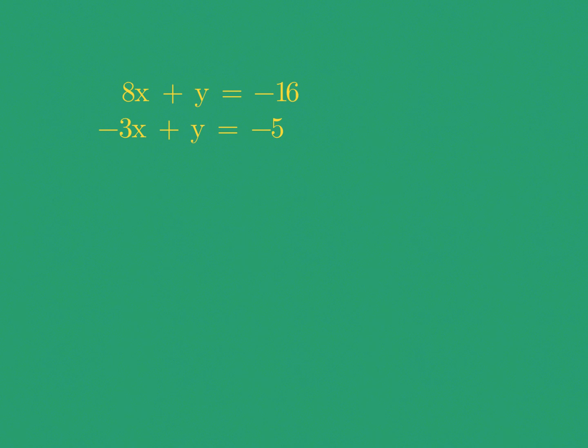Now I want you to look at something. Take a look right here at these y's. They're both 1y and they're both positive. Wouldn't it be nice if one of those y's was negative? If one of those y's was negative, a negative y and a positive y would cancel themselves out. Okay. So here's what you're going to be able to do.